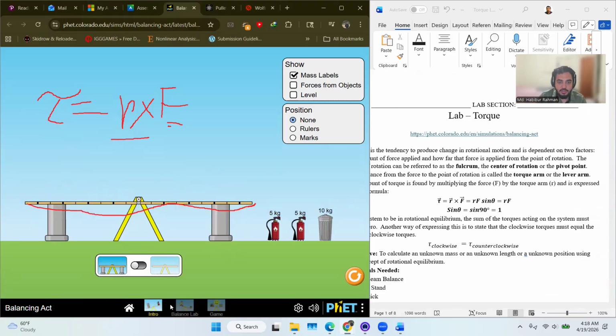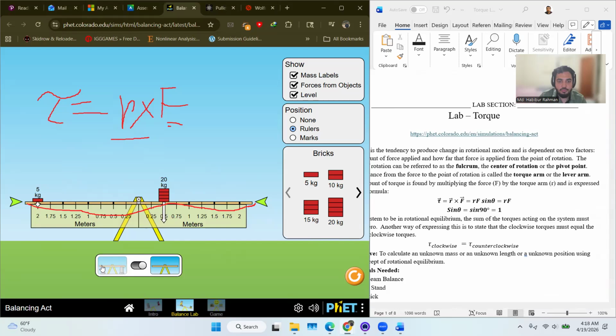Your simulation will be like that. You have to remove that one. You have to click on ruler level. This is the level. Here you'll see that in the middle this side is a longer arm and this side has a shorter arm.